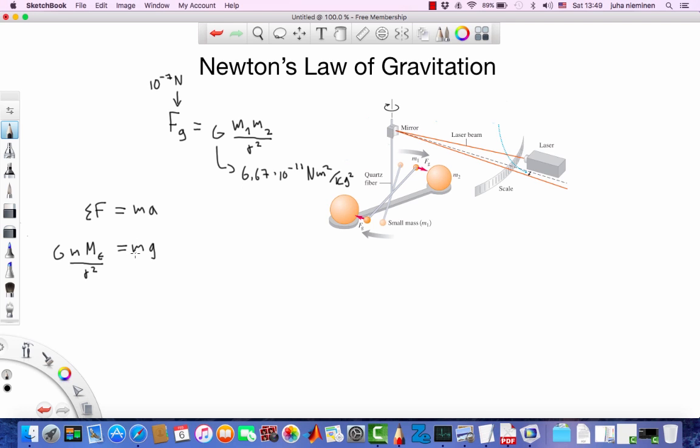So from this equation, the masses cancel. And if we arrange this, we get Me to be g times r squared divided by the capital G. In fact, when Henry Cavendish was doing his experiment, he didn't call it determination of universal constant of gravitation, but he called it weighing the Earth.